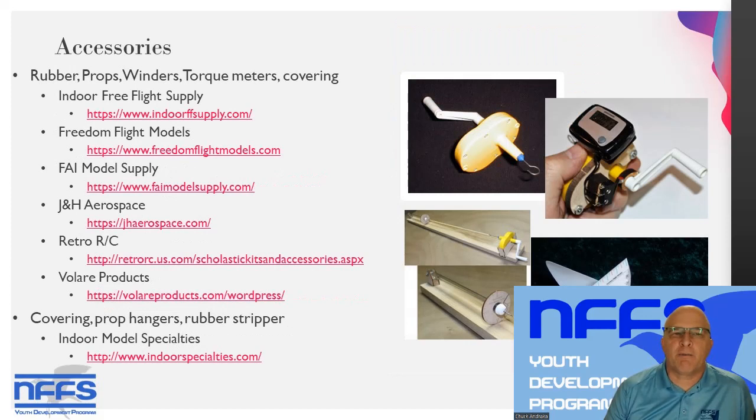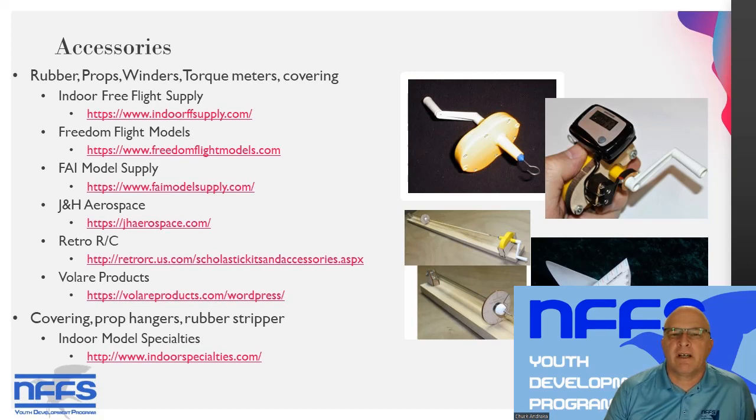Accessories are available from a lot of these kit providers, Freedom Fly Models and J&H and Retro on here. In addition, we have Indoor Free Flight Supply. This tends to be higher end equipment, but they do have custom cut rubber, and I believe they have the smaller plastic winders as well.